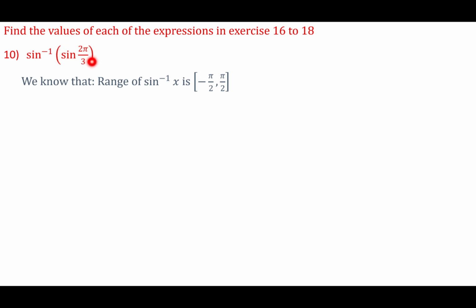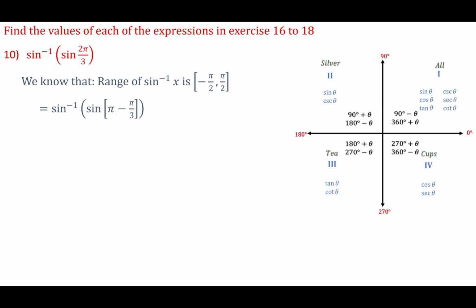That is why I have to rewrite this sine 2 pi by 3 in such a way that the angle comes in this range. So I wrote sine inverse of sine of pi minus pi by 3. Check: if you take the LCM, it is 3, giving 2 pi by 3. So 2 pi by 3 I can write as pi minus pi by 3. Pi is 180 minus theta, which is in the second quadrant, and in the second quadrant sine is positive.